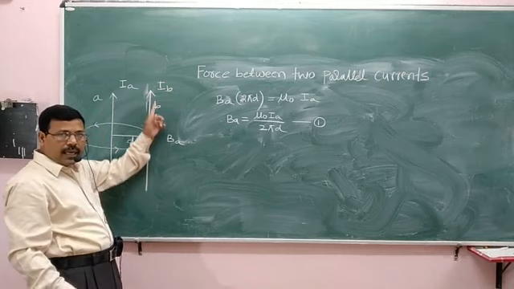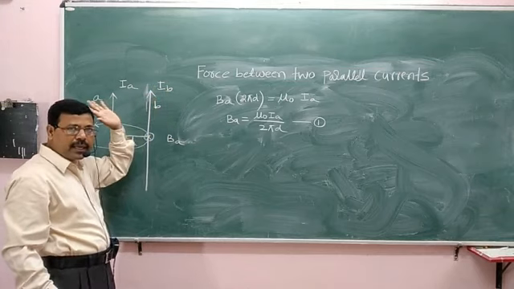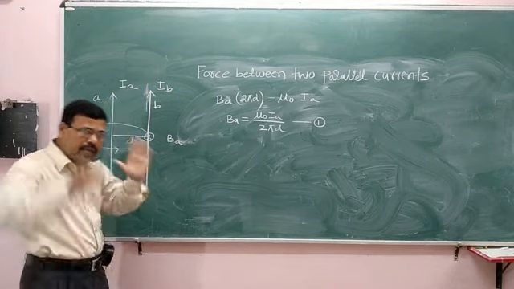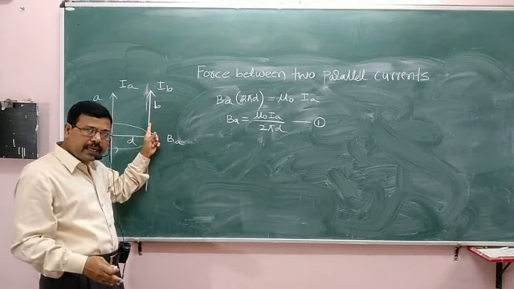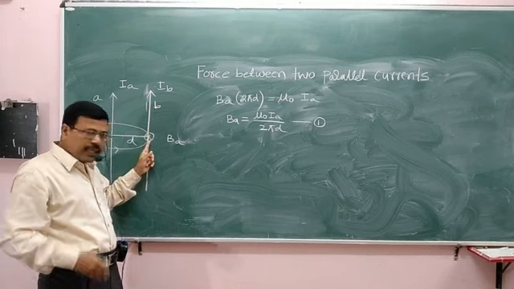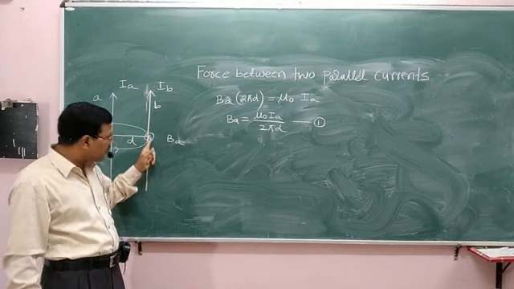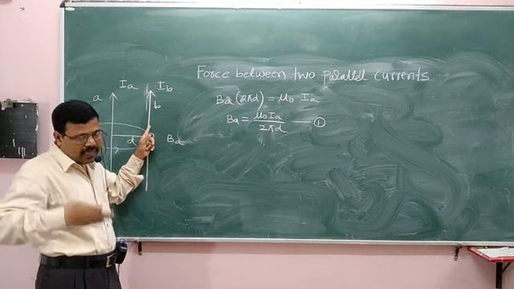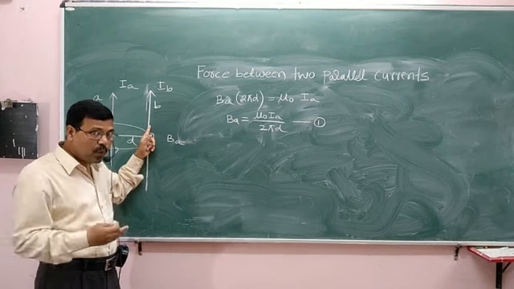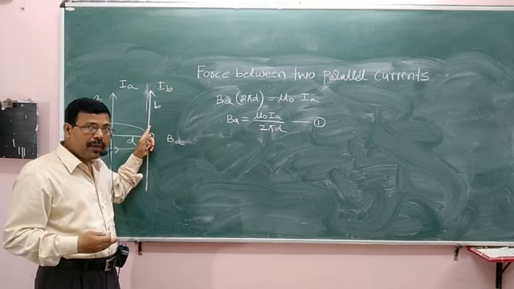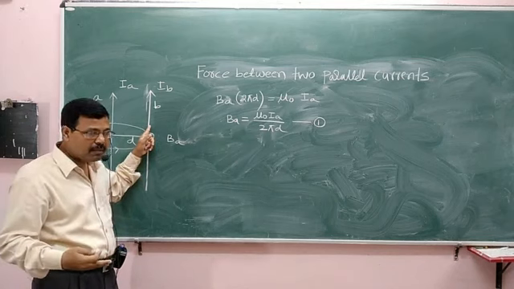IB is the current that is flowing through the conductor B. As we studied, whenever a current carrying conductor is kept in an external magnetic field, this conductor experiences a force. That force can be calculated by using B I L sin theta.